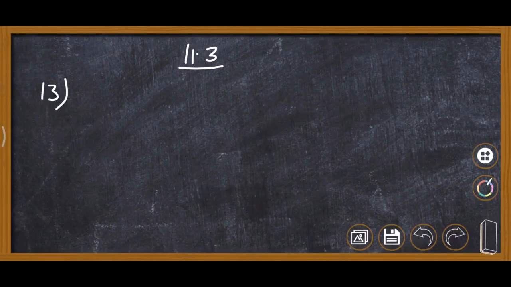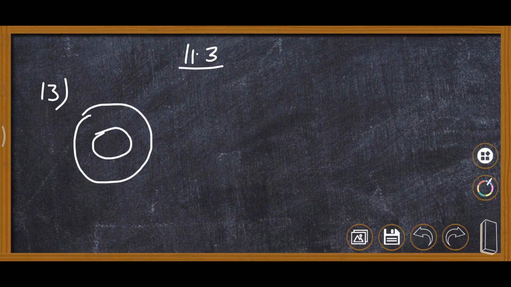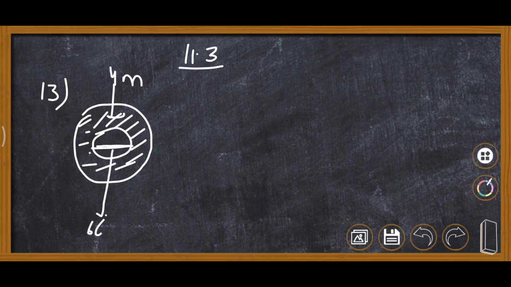Now this is path, and the breadth is 4 meter, and diameter of the flower bed is 66 meter. Now we are required to find the area of this path.